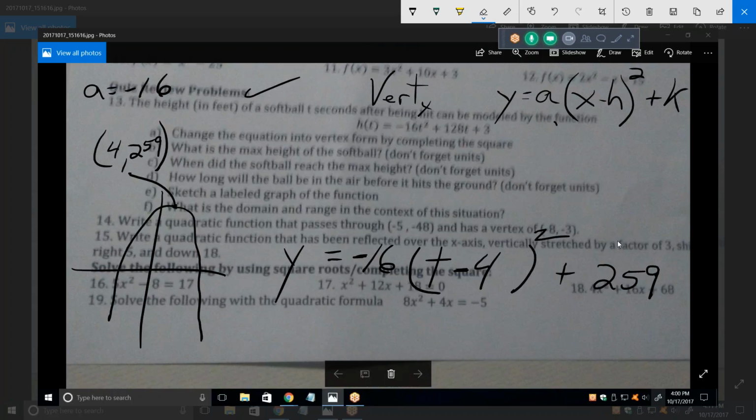No, what's this y that we're looking at here? Really, I should call it the height, because that's what it is. In other words, the y-axis is the height, right? You told me the maximum height was 259, which was the y-coordinate. Well, when it hits the ground, what's the y-coordinate going to be?